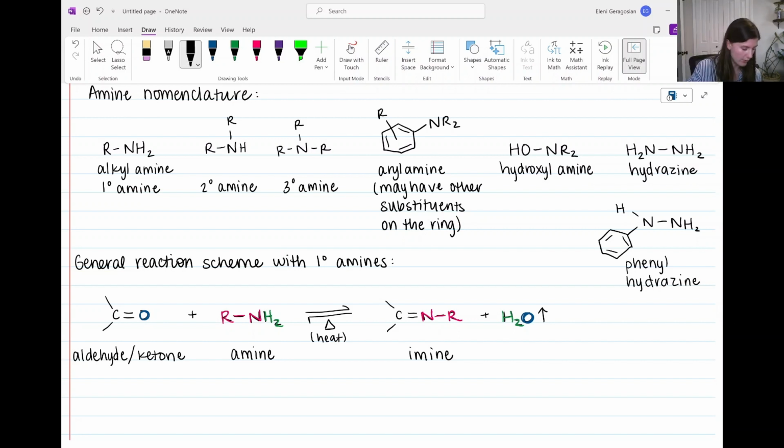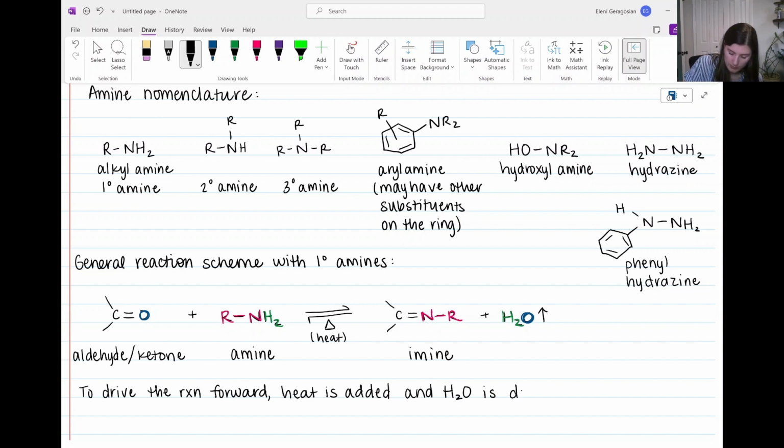So let's write this note here. To drive the reaction forward, heat is added and H2O is distilled off.